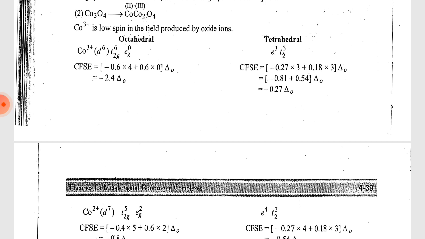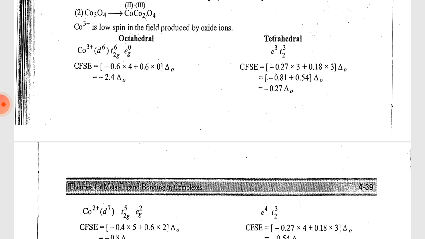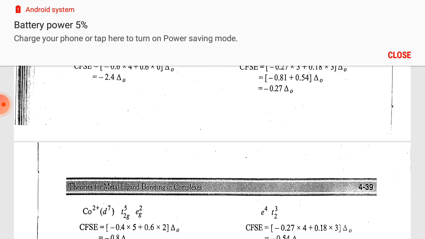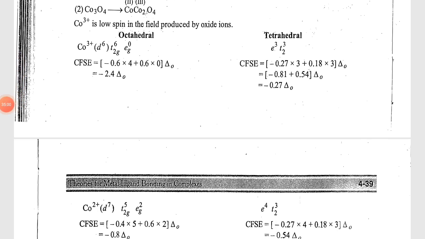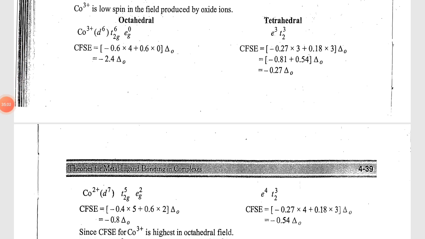2. Co3O4, that is Co in the +2 oxidation state, Co2 in the +3 oxidation state, O4. Co3+ is low spin in the field produced by the oxide ion. Octahedral Co3+ is d6, t2g6 eg0.